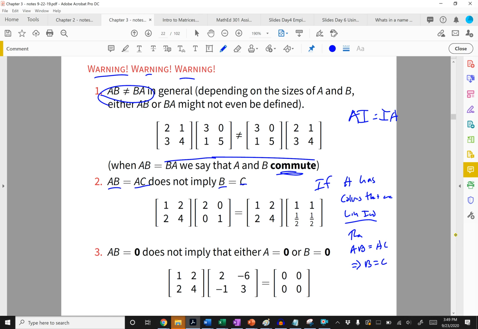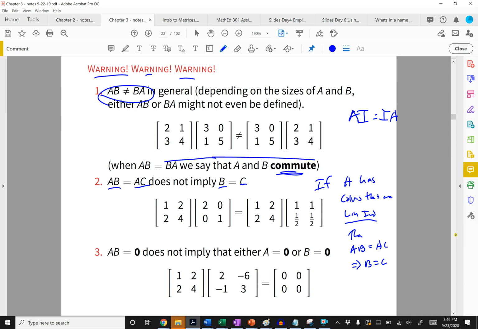Because the columns of B are used as weights to combine the columns of A, and if A's columns are linearly independent, then the vector you end up with will be unique.